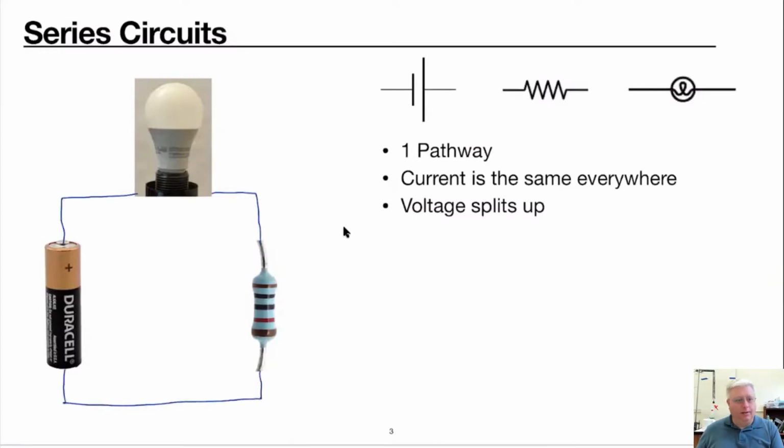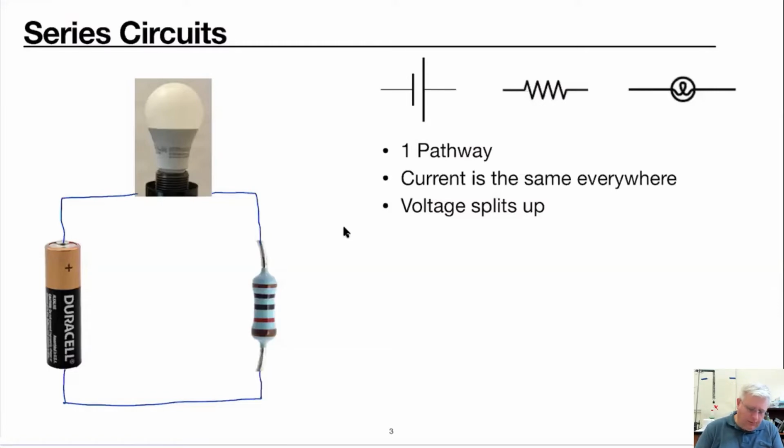Okay, and connected like this, we see that there's only one pathway for the current to flow, and so that means that the current is the same everywhere. Okay, but the voltage splits up. Each device, each element that's in the circuit has to share the voltage, the energy coming from the battery.